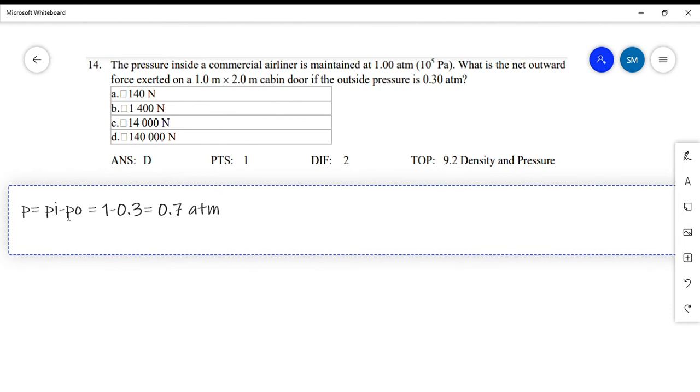So we have to convert it from atm to Pascal to continue our calculations, as Pascal is equal to Newton per meter square.